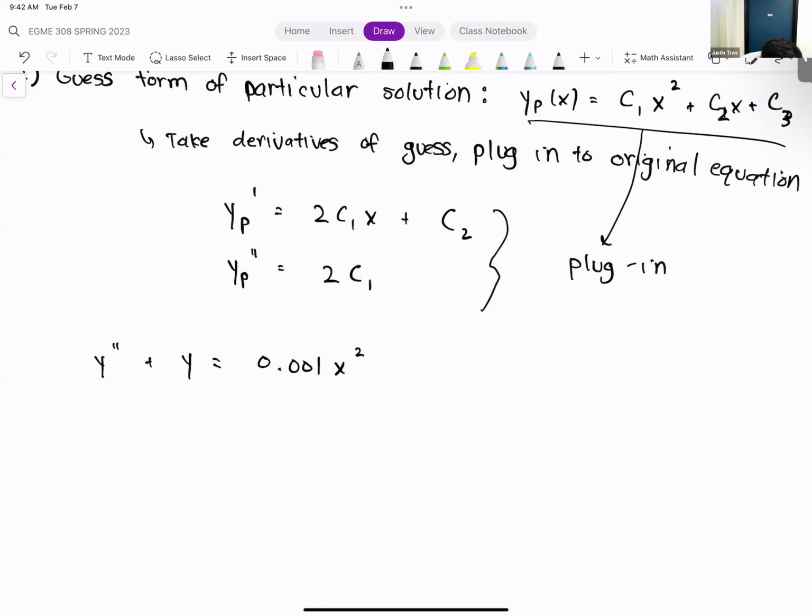So y double prime is 2c1, then we have plus y, and we actually don't have any first order derivatives here, so we can ignore yp prime. So let's plug in our guess for yp. And so yp is c1x squared plus c2x plus c3. And this is equal to 0.001x squared.